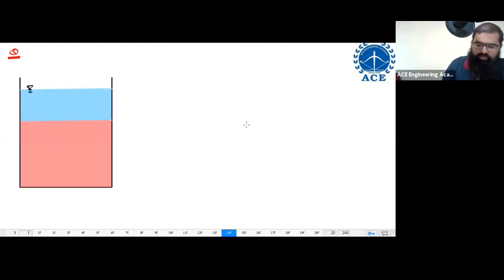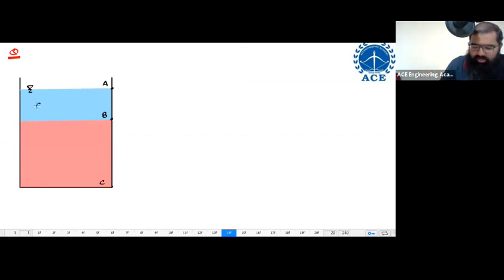The interface is atmospheric. Suppose this point is a certain point A, this point is point B, and this point is some point C. Only one question you try, it is sufficient for today. This will have multiple things in it.